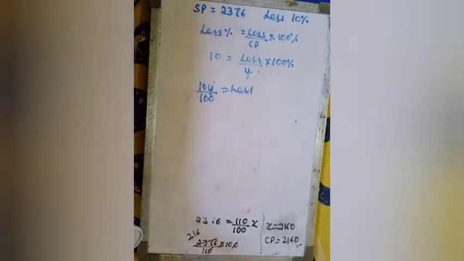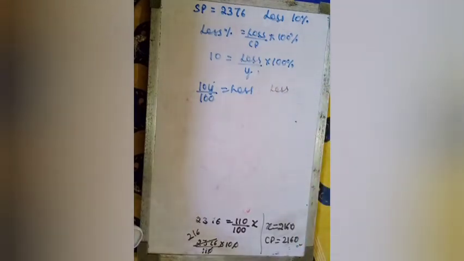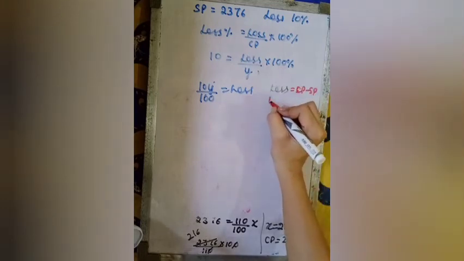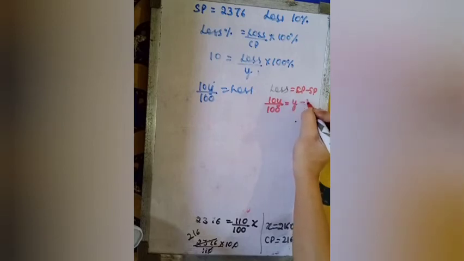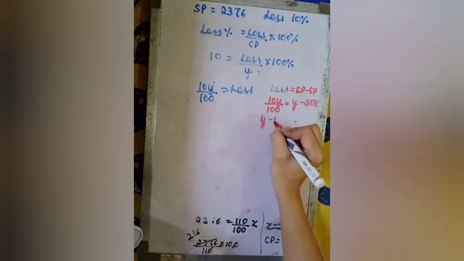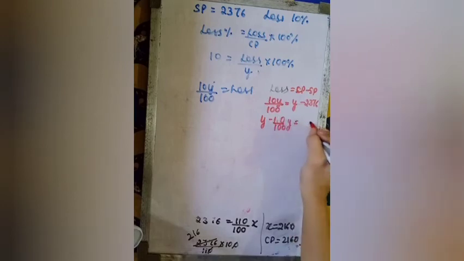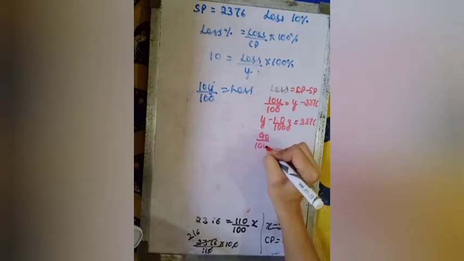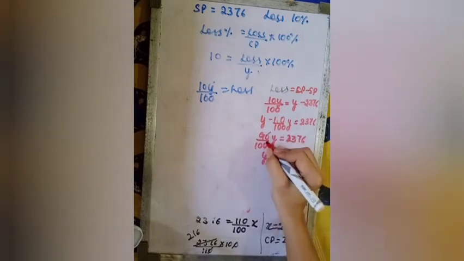Now use the formula of loss equals CP minus SP, it is y minus 2376. So y minus 10 upon 100 y equals 2376. From here you can find the value of y.